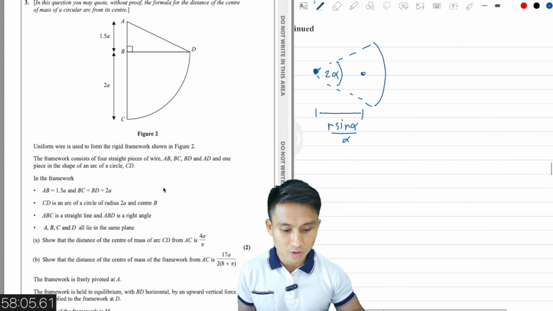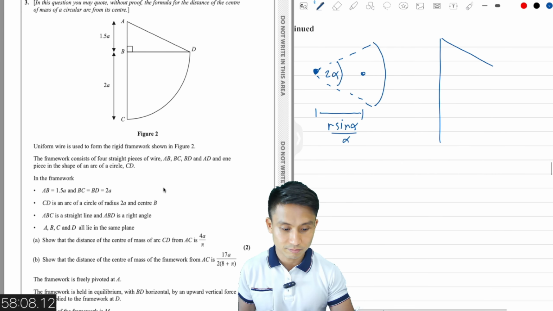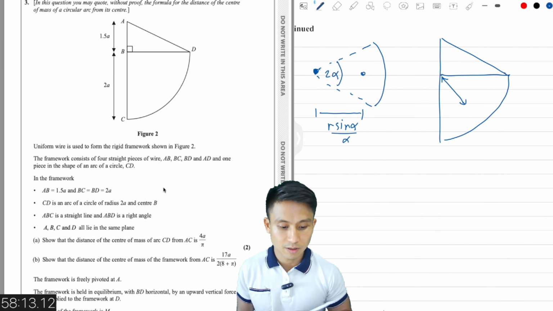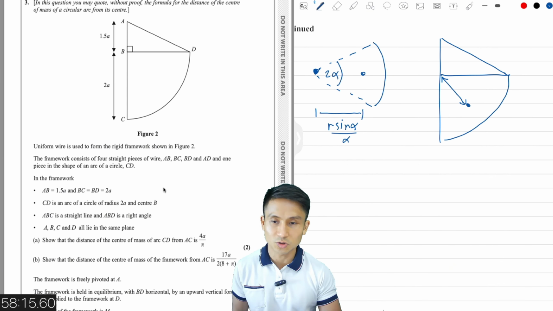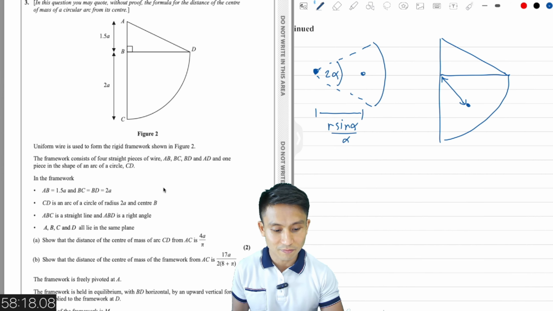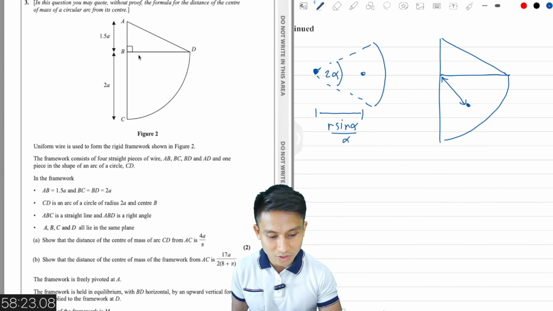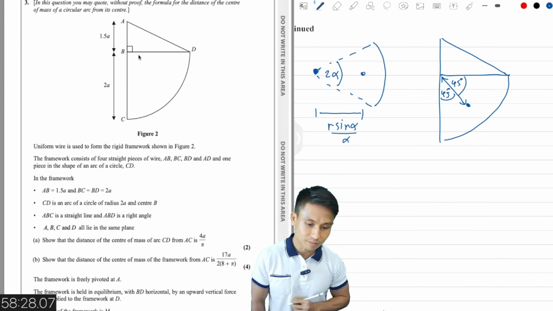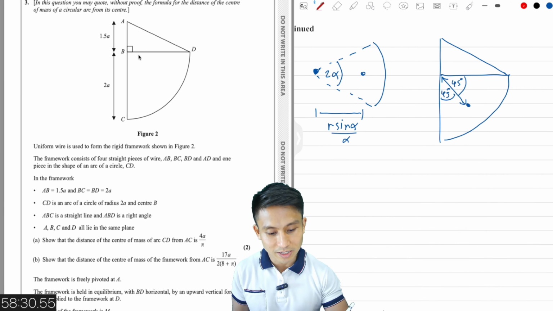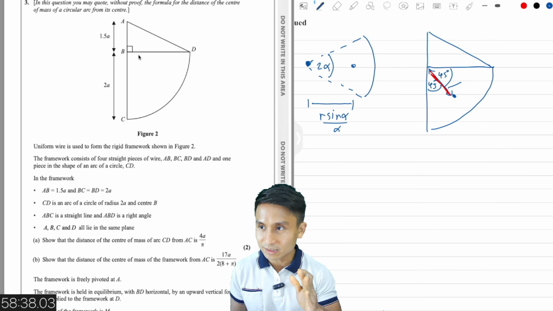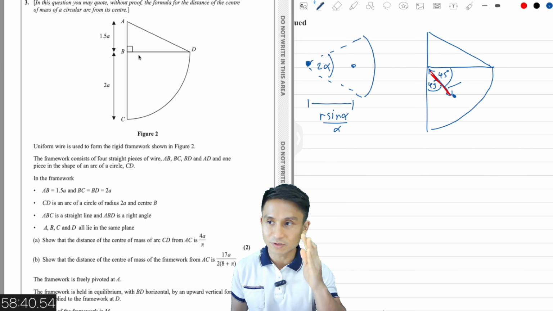If we draw that roughly, this will be right to the center, the shortest distance. Because this is a right angle, we know that this is 45 degrees, and this is also 45 degrees. And that hypotenuse, this distance here, is, as we got there, r, the radius, times sine alpha over alpha, and alpha is 45.